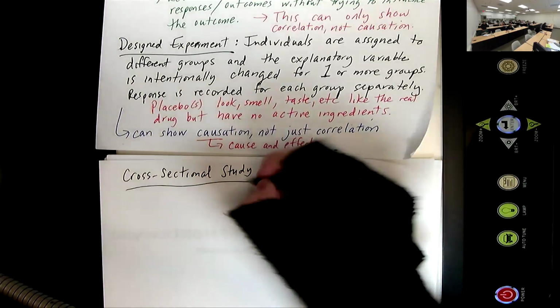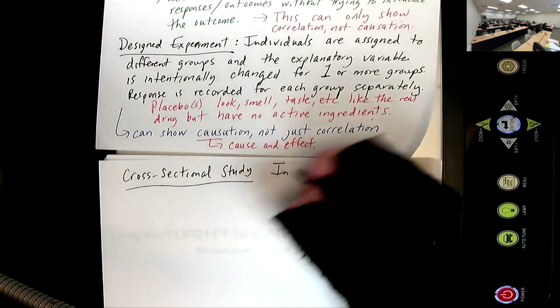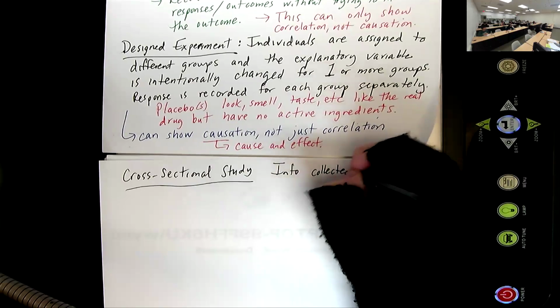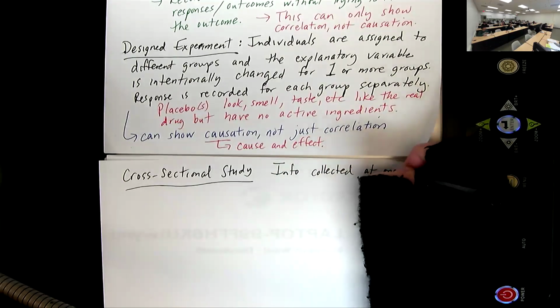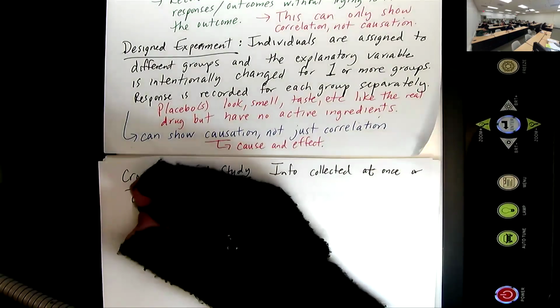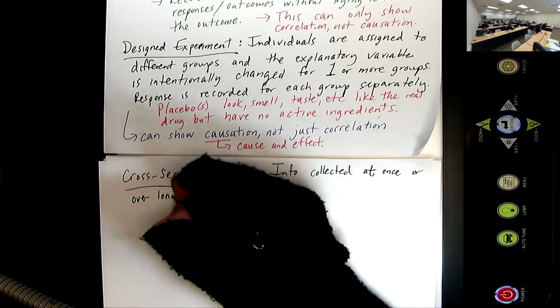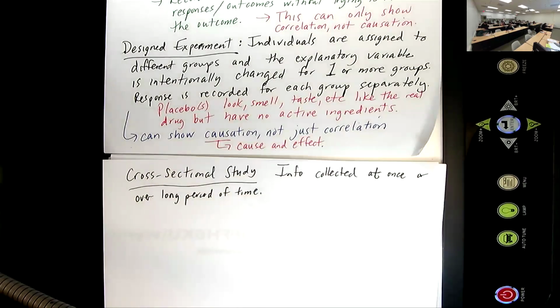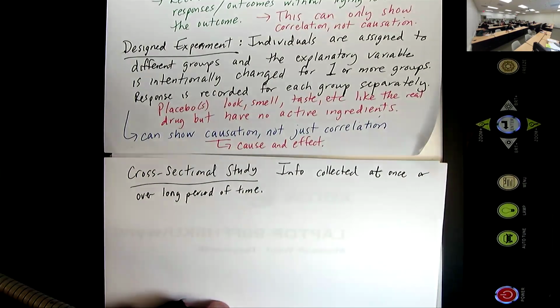In this study, info is collected at once, not over a long period of time. All right, helpful. I need to come up with a better definition than that. Let me think on that and get back to you on Thursday.